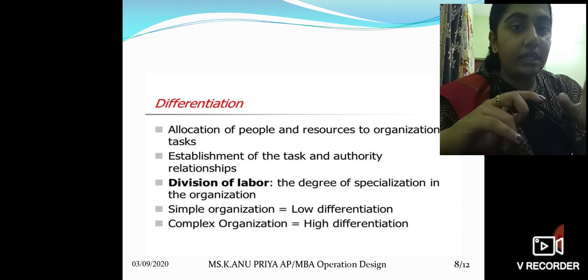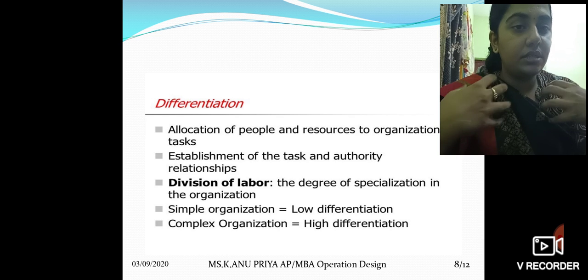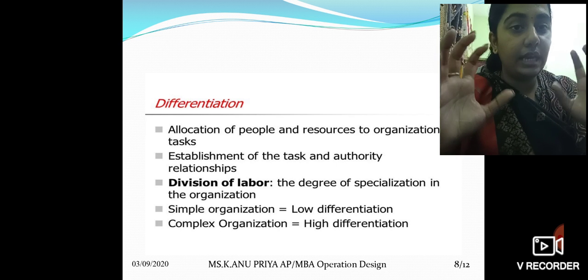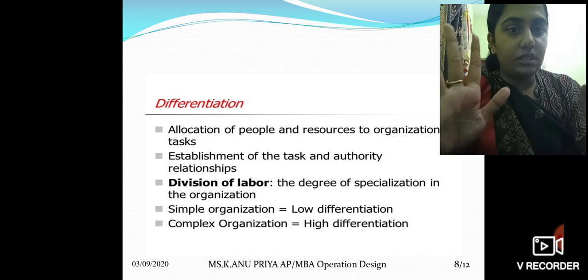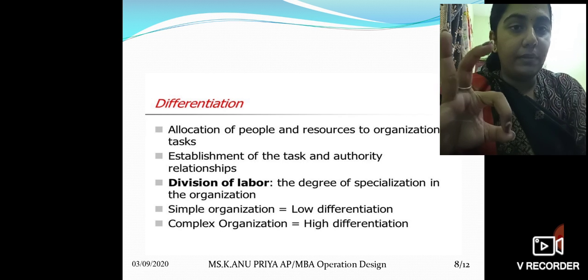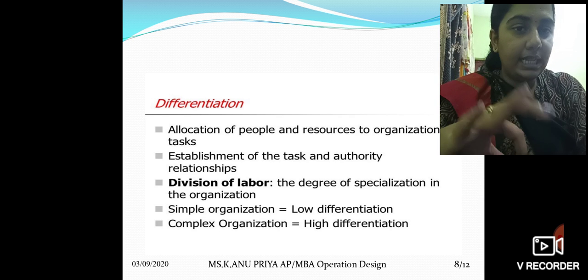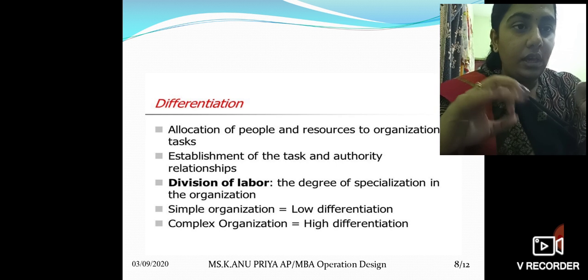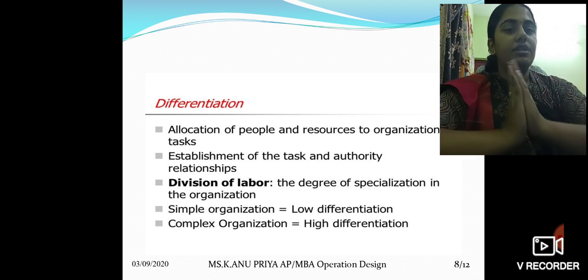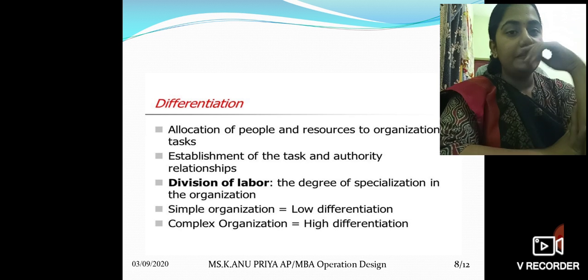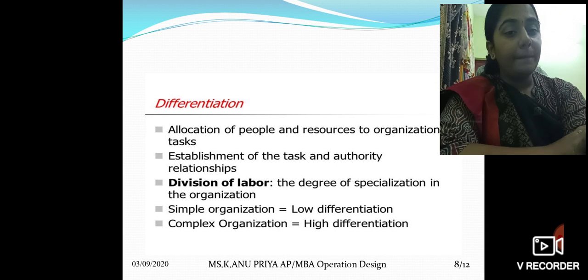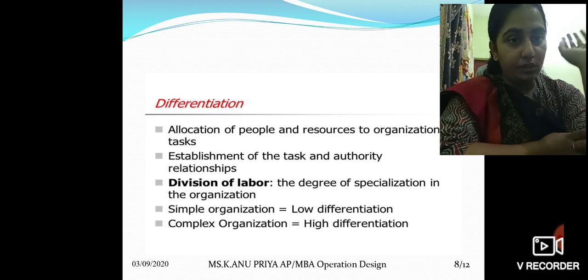So the authority relationship must come from myself, the establisher or launcher of the project task. Next is division of labor, the degree of specialization in the organization. In the mechanical department, only mechanics should be able to work.